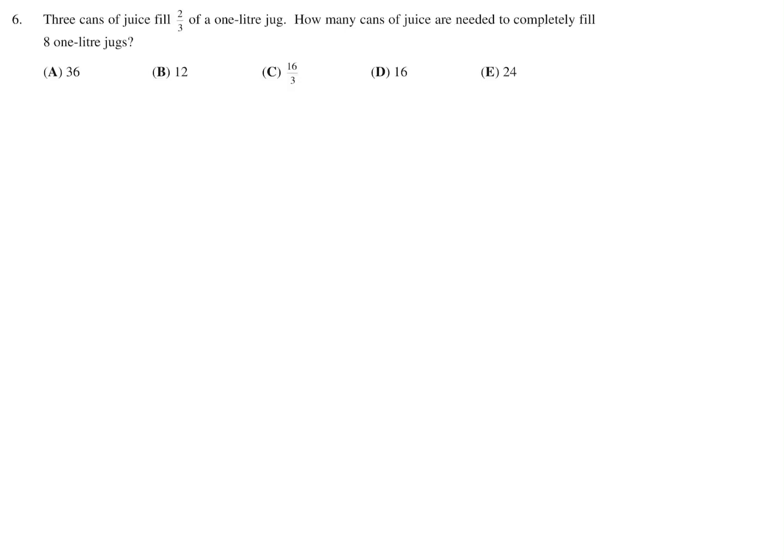Three cans of juice fill 2/3 of a 1-liter jug. How many cans of juice are needed to completely fill 8 1-liter jugs? So 3 cans is equal to 2/3 of a liter, correct? And they want you to figure out if you have 8 liters, how many cans?